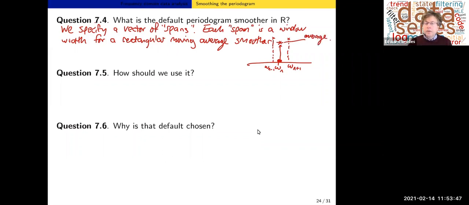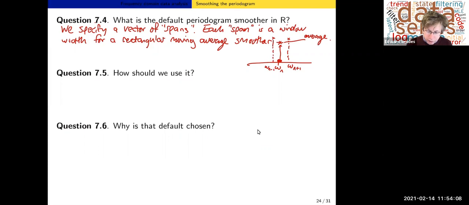Okay, and then what R does is, if you give it three spans, it first of all does an average with one of the spans, then it repeats this averaging process with another rectangular window. If you have three spans, it repeats it again.